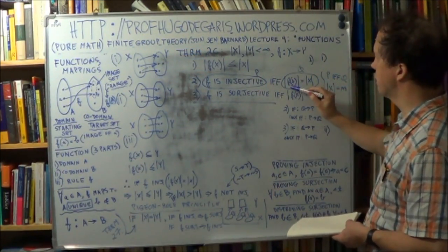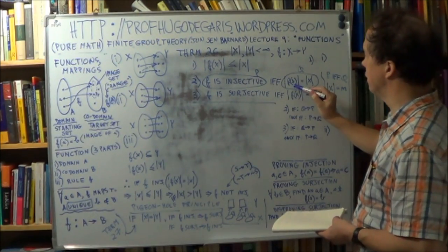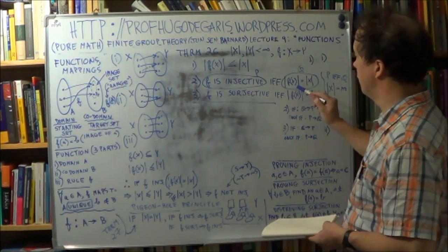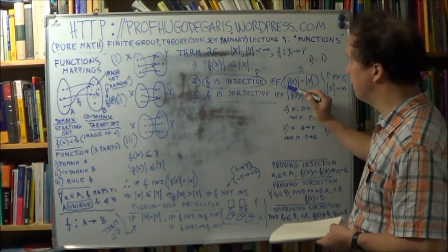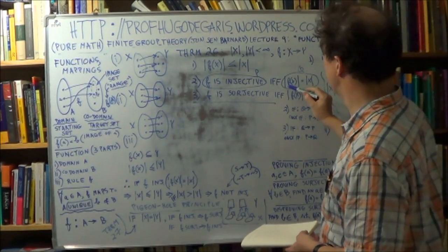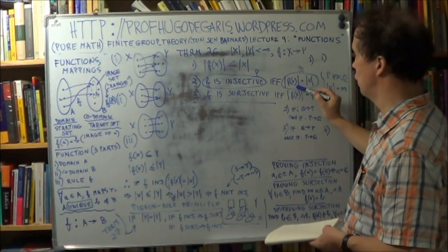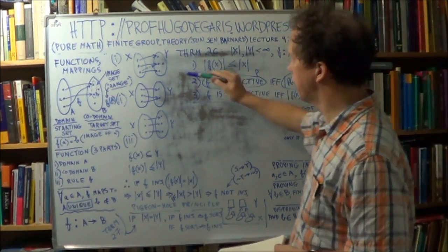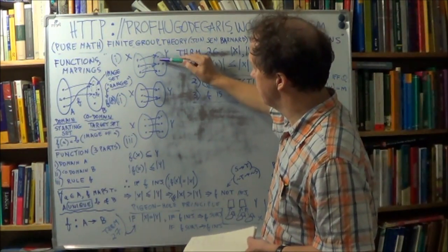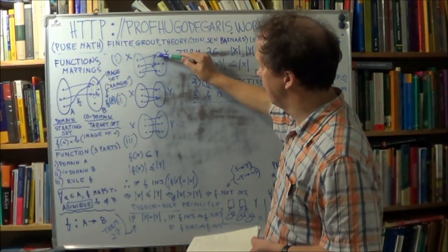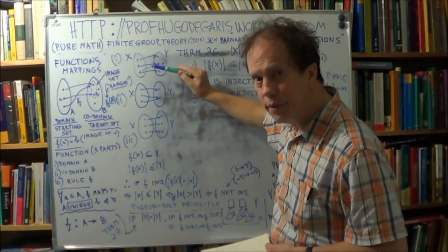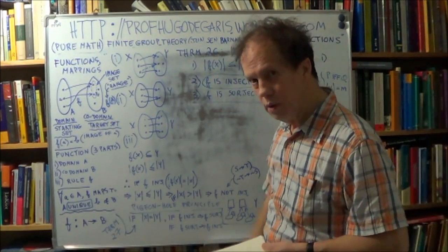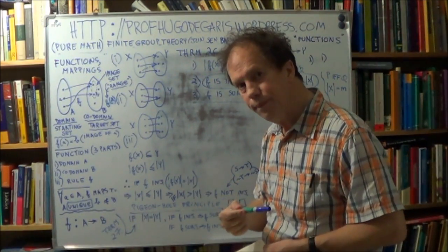So let's concentrate on this, which is what? It's the size of the image set, the size of the range. Now it's injective, because if it's injective, it's mapped to only one time.